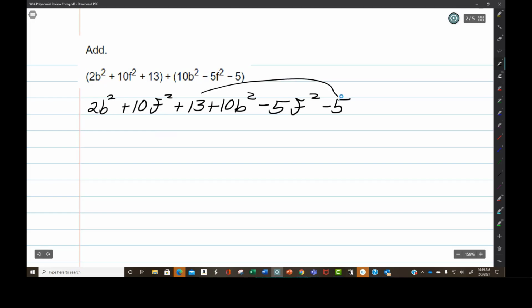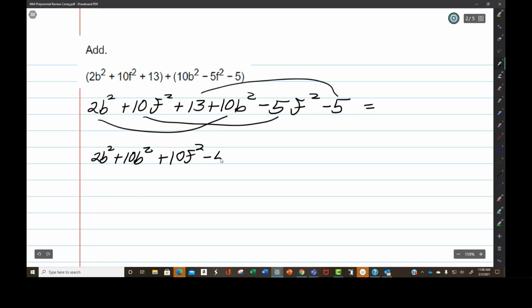And the constants are like terms. If you want to, you can write like terms together, which makes it kind of easier. 2b squared plus 10b squared plus 10f squared minus 5f squared plus 13 minus 5.